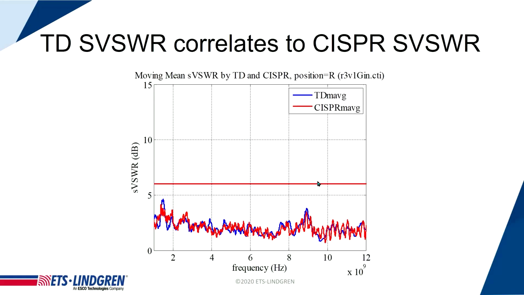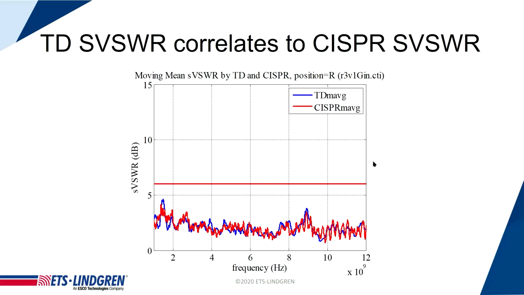The site VSWR based on the CISPR method has this undersampling issue, and it's really difficult to compare one-to-one the VSWR from these two methods, using the time domain versus using the traditional moving the antenna method. Because the CISPR method is really an undersampled set of data versus the TD method, which is not undersampled, as you can imagine, the TD data most likely is going to show a much worse chamber result.